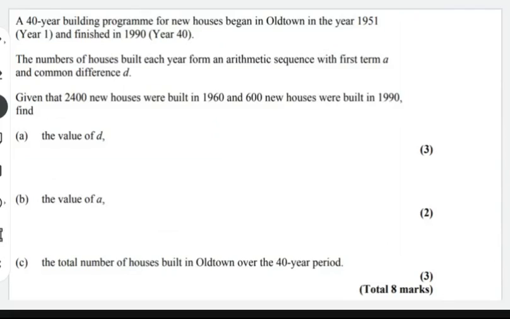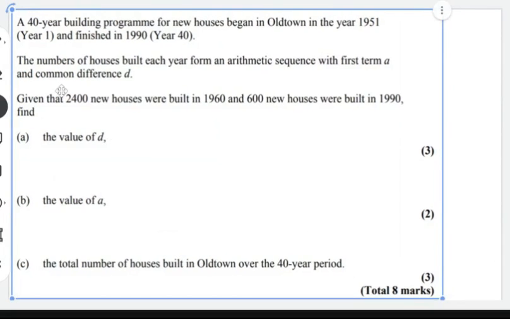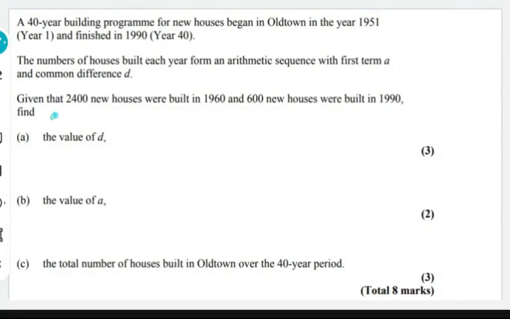Okay, so for D I got minus 60. Let's have a look. We're using the nth term, a plus n minus 1 d. For 1960, the value of n is 10.